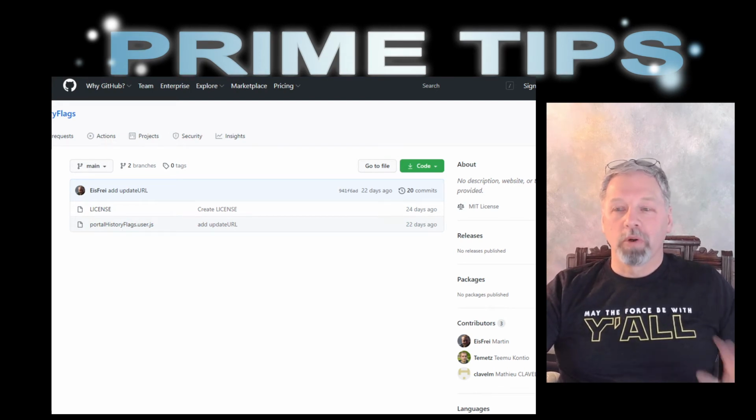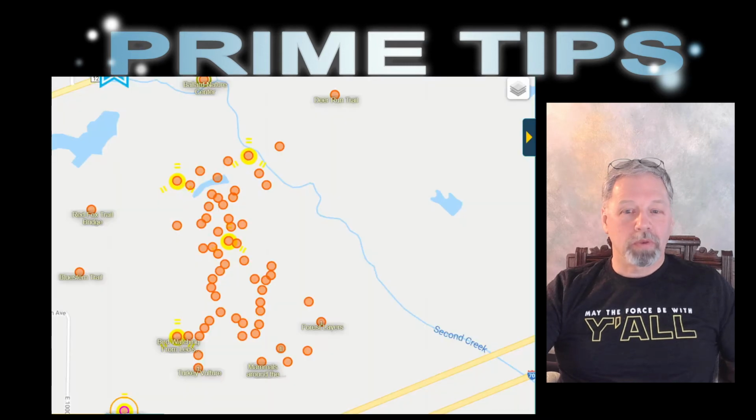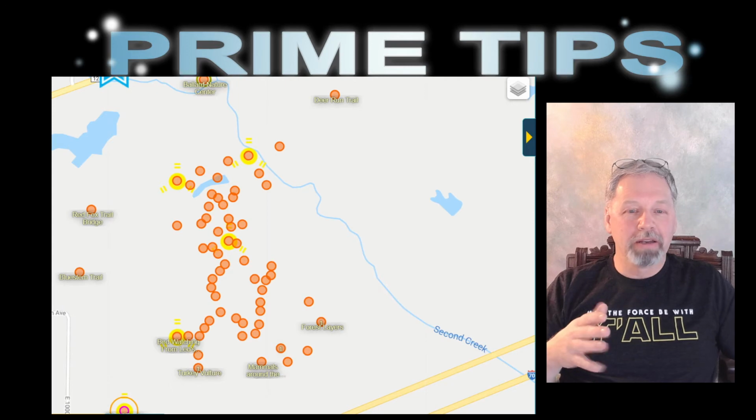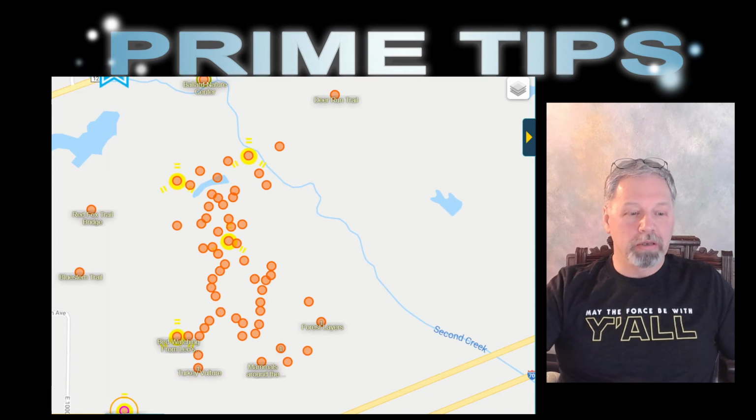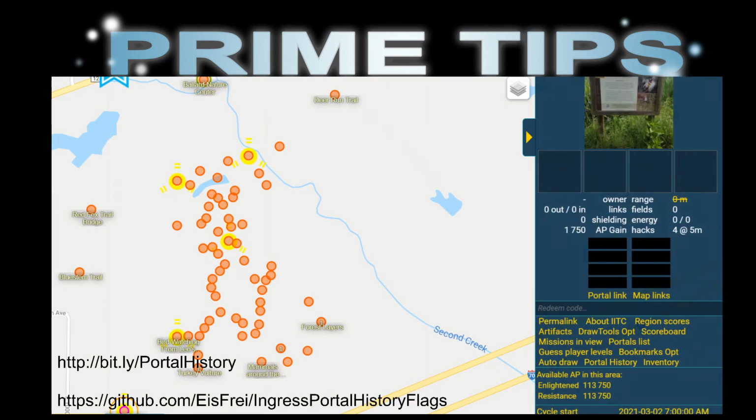So once you get it, what do you get? Well, we're going to look at the same area that I had looked at with the stock intel and use portal history, but this is going to be just a little bit different.